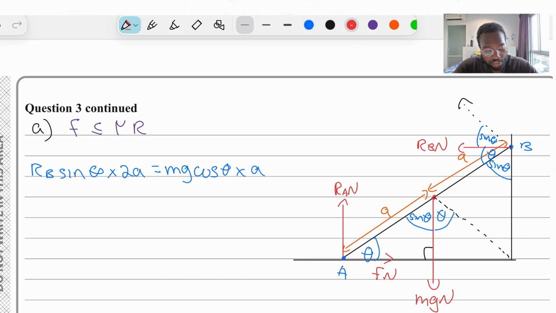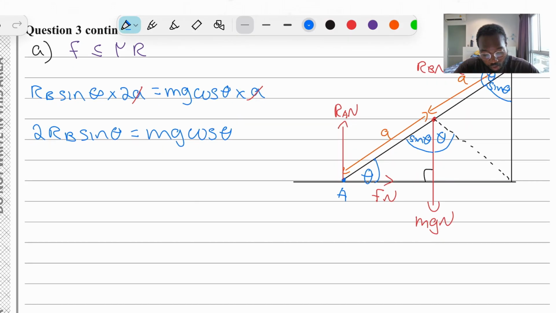Okay, and now we can simplify down a bit. So they both have a, we can get rid of the a, and then we're left with 2RB sine theta is equal to mg cosine theta. Okay, so now we have got this. And now, actually, let's get an expression for RB while we're at it.